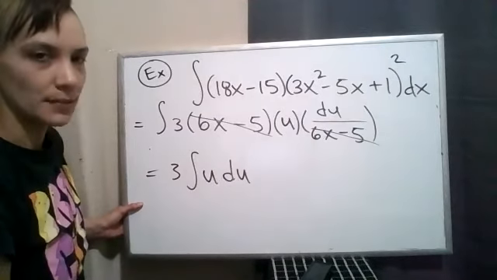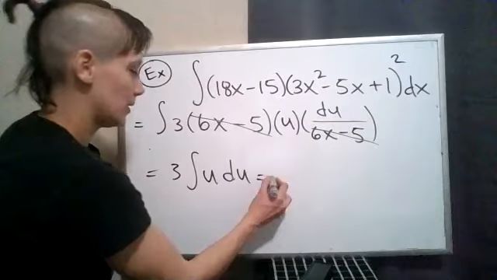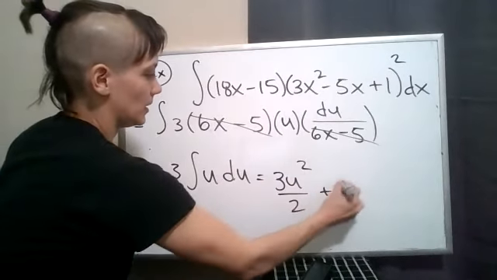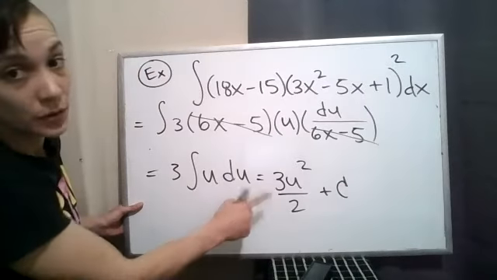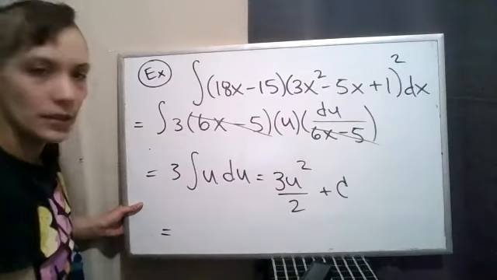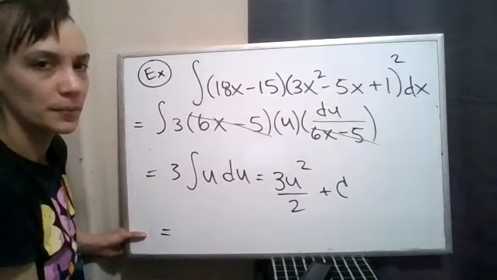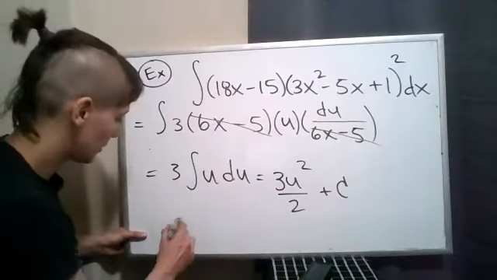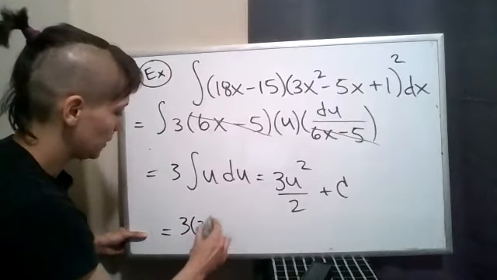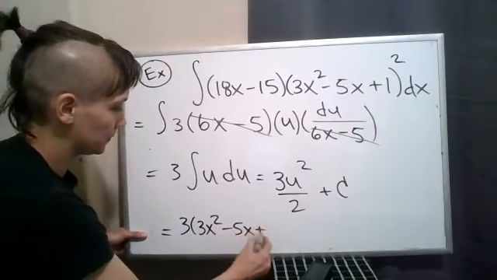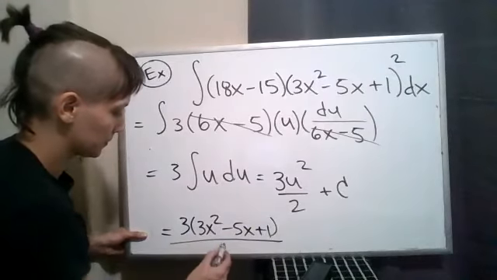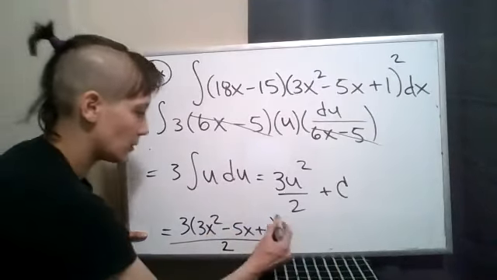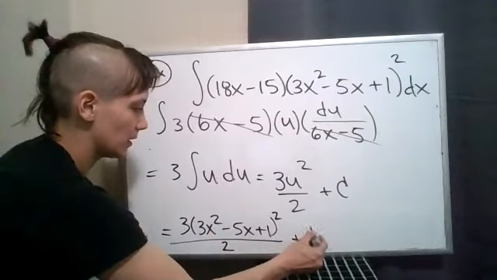So 3 times u squared over 2, plus c. And don't forget to put u back into your problem: 3x squared minus 5x plus 1, that's squared, and then plus c.